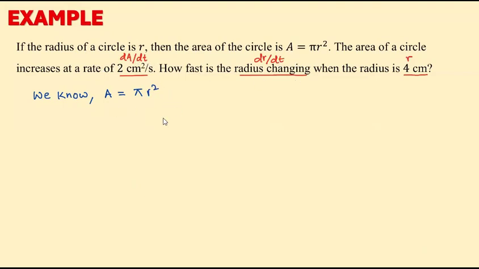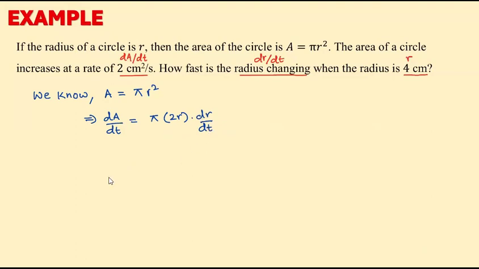So if we differentiate this with respect to time, left-hand side will be dA over dt is equal to pi, which is a constant, and the derivative of r squared is 2r times dr over dt. If we use the implicit differentiation, we multiply by the quantity dr over dt.